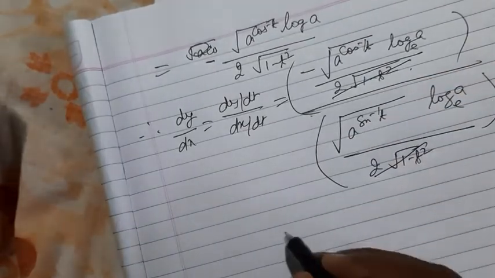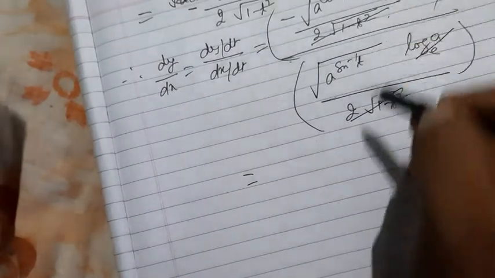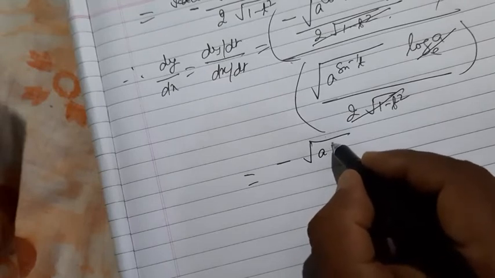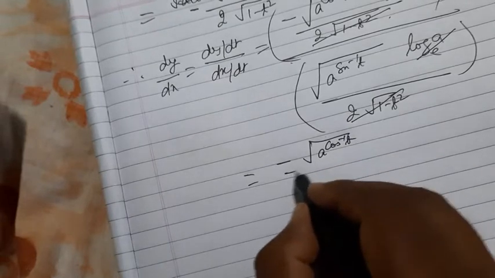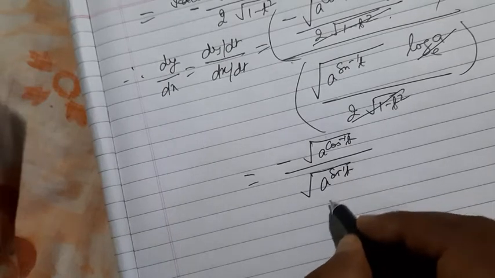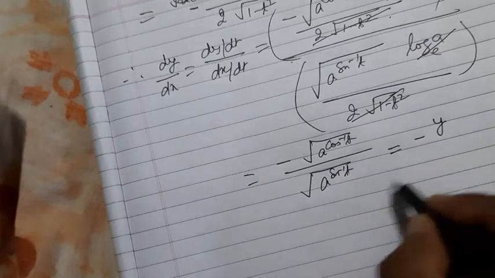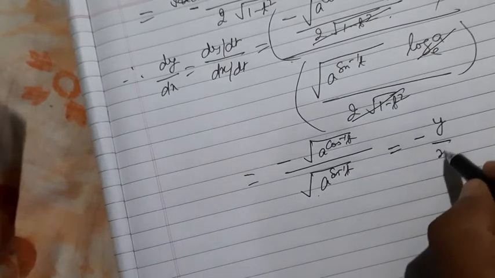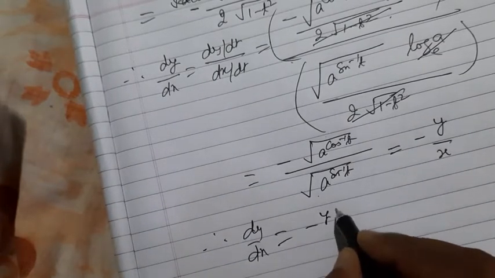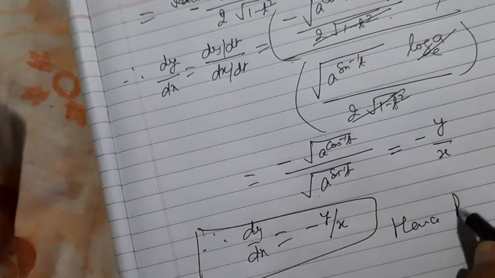Denominator can be cancelled, and log a base e is cancelled, so you get minus under root a power cos inverse t upon under root a power sin inverse t. A power cos inverse t is equal to y, and a power sin inverse t is equal to x. Therefore dy by dx is equal to minus y by x. Hence proved.